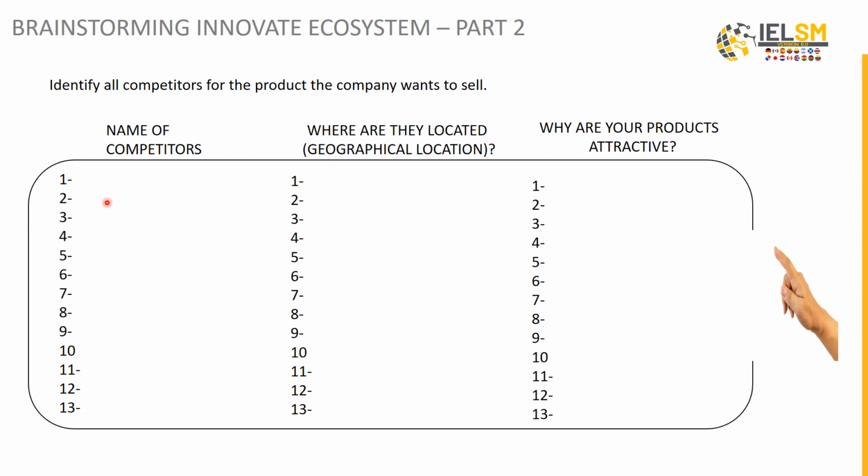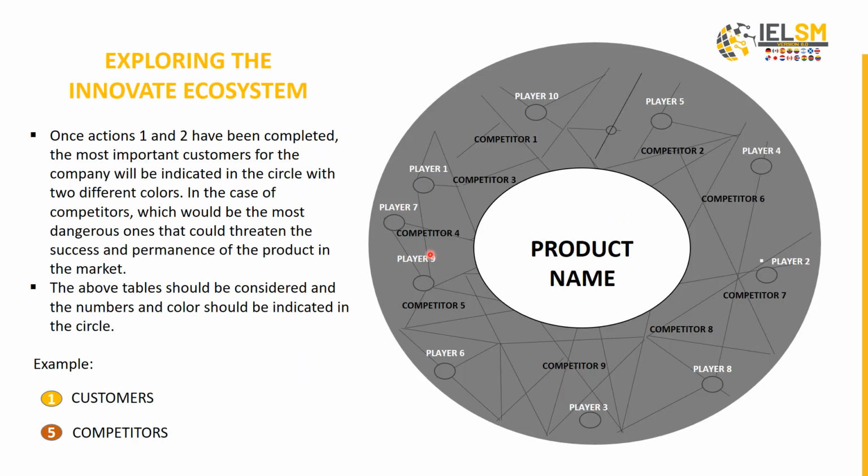Here, the students should have made the list of all competitors and their geographical location, and finished the slide. It is very important information about product attractiveness. Why is your product attractive? Why are the competitors' products attractive?